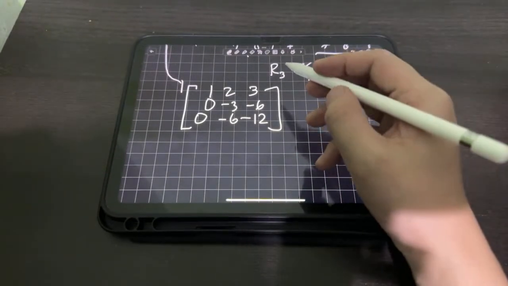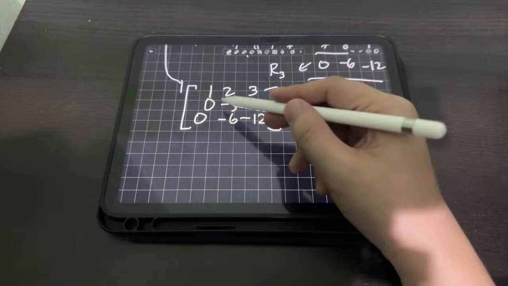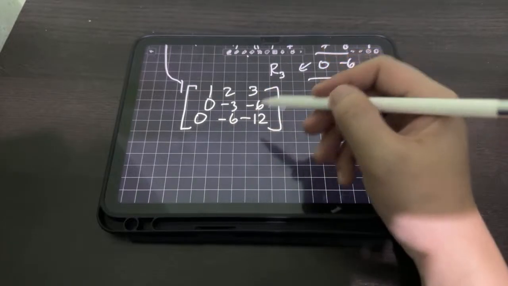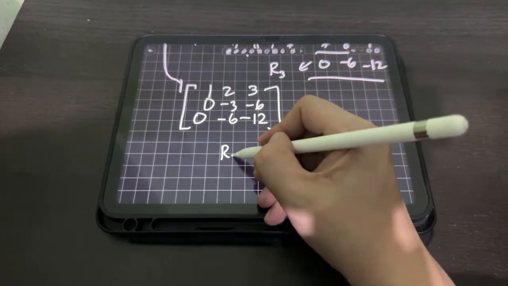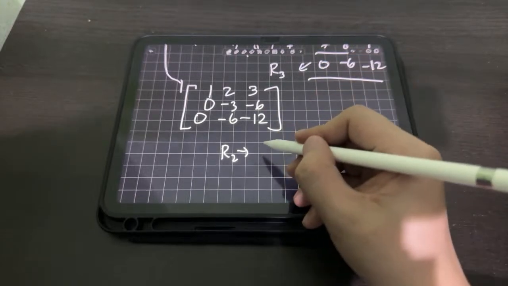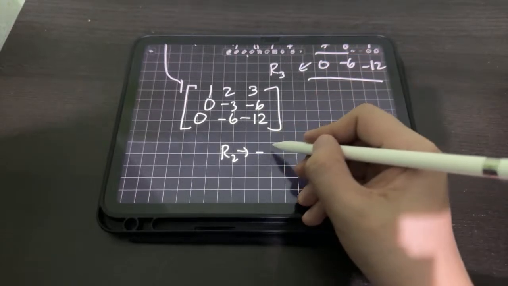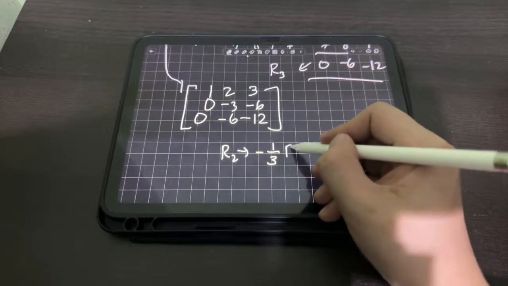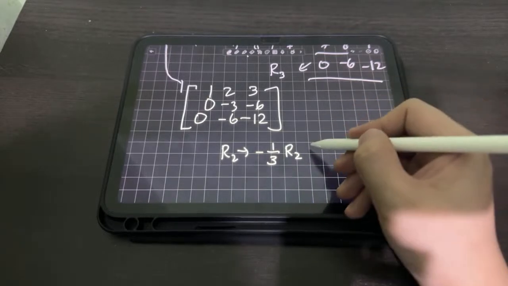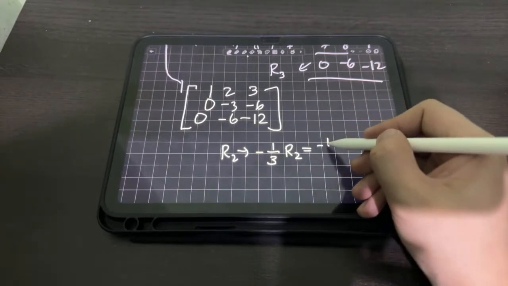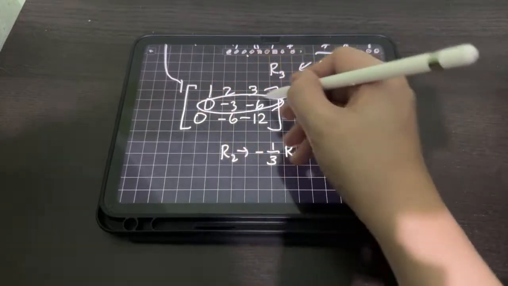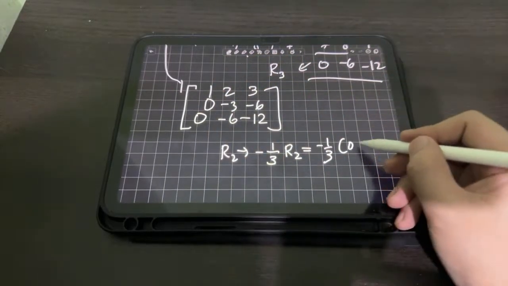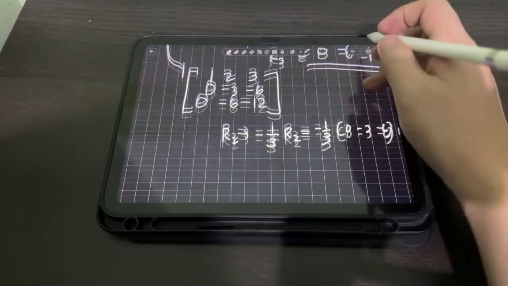So we can just divide all the entries in row 2 by negative 3, or multiply. So row 2 will be, you need to multiply negative 1 over 3 by the entries in row 2. So doing that, we have negative 1/3 times all the entries in row 2, 0, negative 3, negative 6.